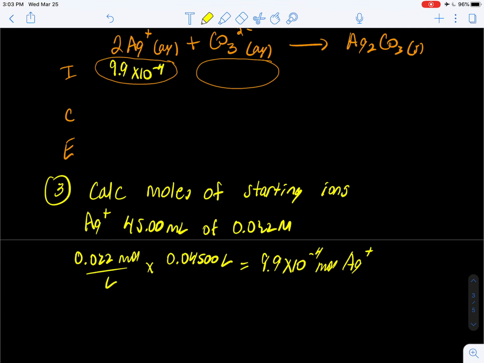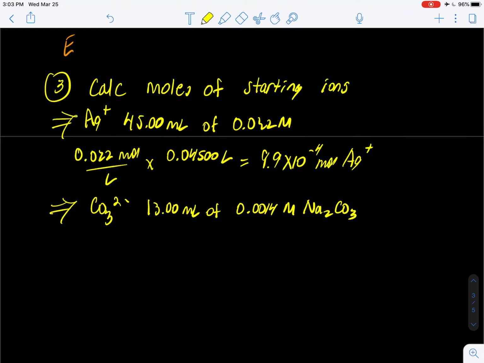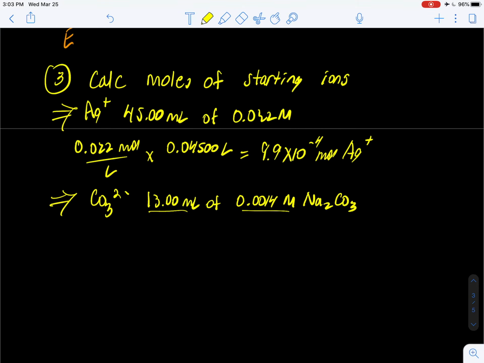Okay, and we want to do the same thing with carbonate. So with carbonate, recall that we have 13 milliliters of 0.0014 molar sodium carbonate. We have a lower volume and a lower molarity, so I hypothesize this is the limiting reactant.